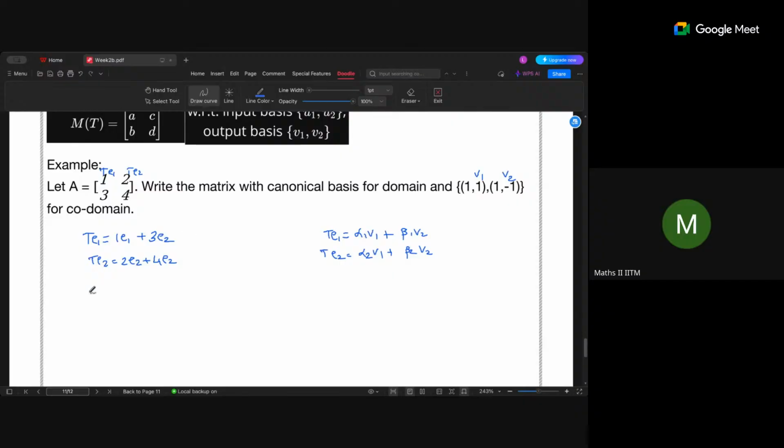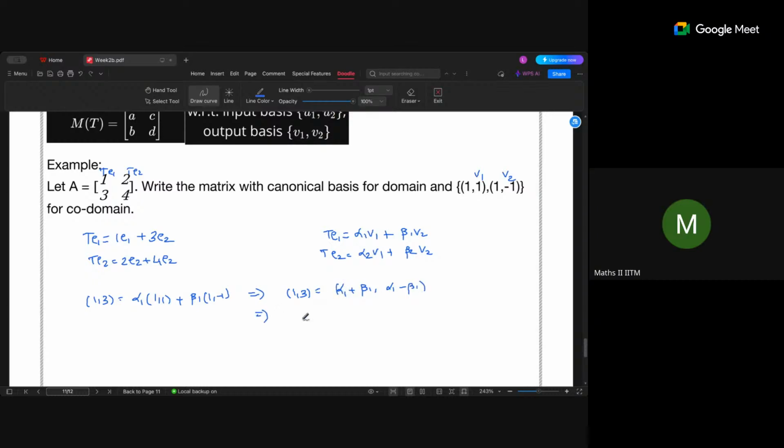We already know that T(E1) is (1,3). We want to write it as alpha 1 times (1,1) plus beta 1 times (1,-1). So (1,3) equals (alpha 1 plus beta 1, alpha 1 minus beta 1).